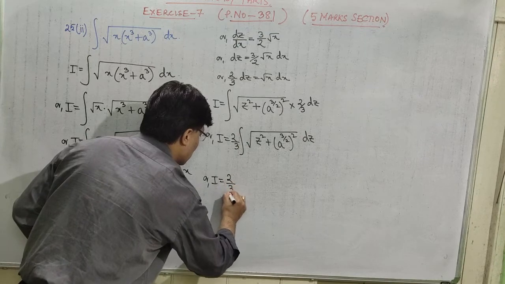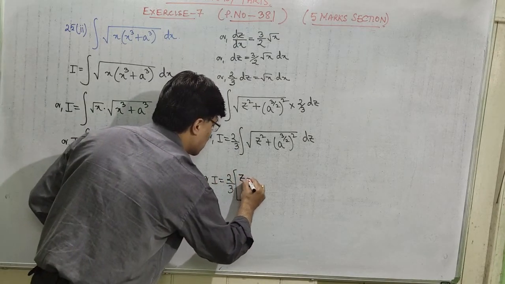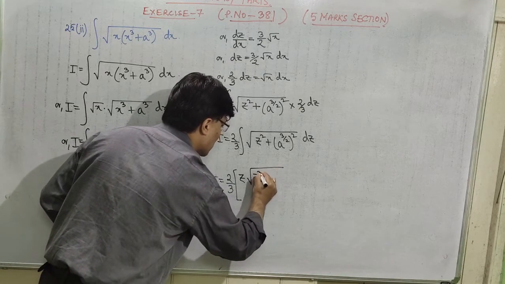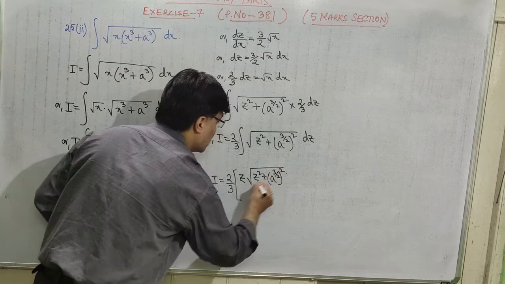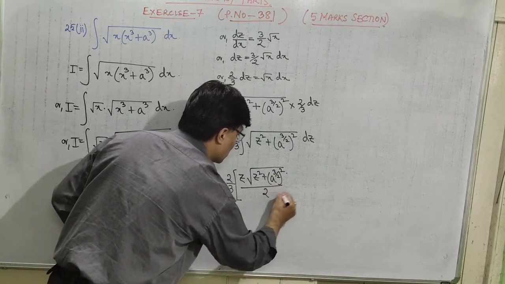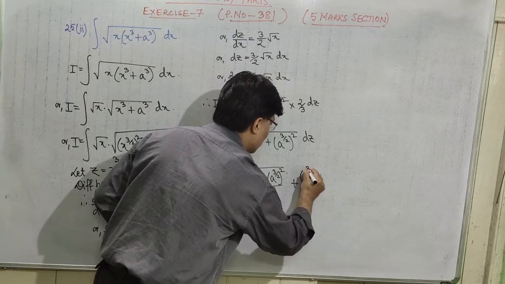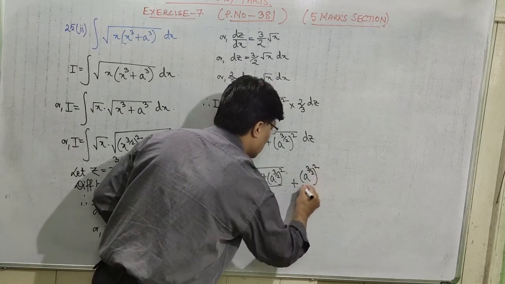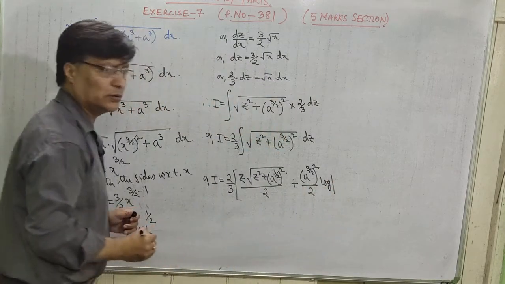I is equal to 2/3 within third bracket. What is the formula? X is z root over z square plus what is a whole square? A to the power 3 by 2 whole square divided by 2 plus a square by 2. What is a square by 2? A to the power 3 by 2 whole square divided by 2 log within mod.